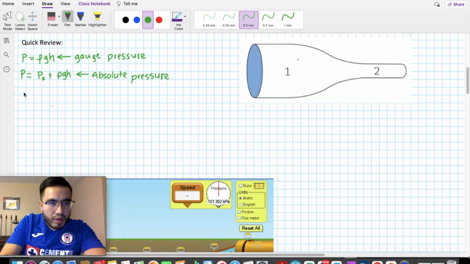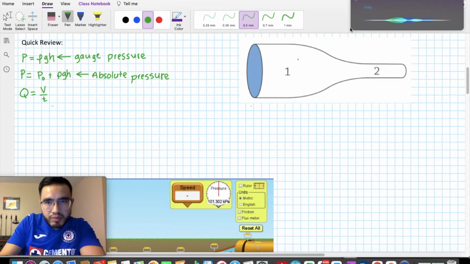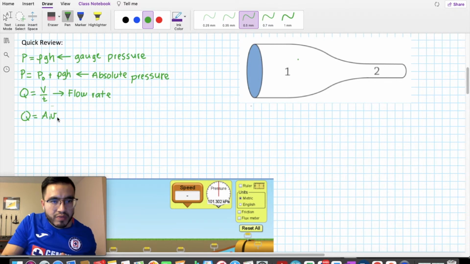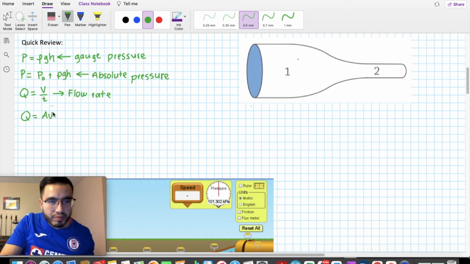We also learned that flow rate, Q, is equal to volume V divided by time T. And then by using algebra, we found a second interpretation of flow rate: cross-sectional area times velocity.